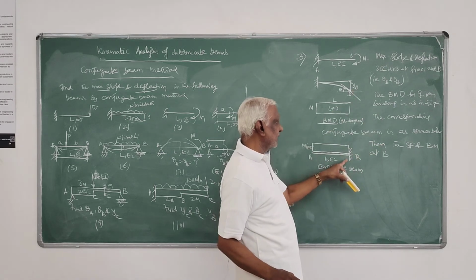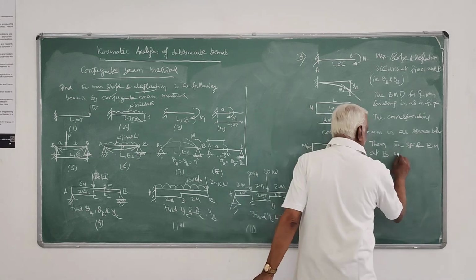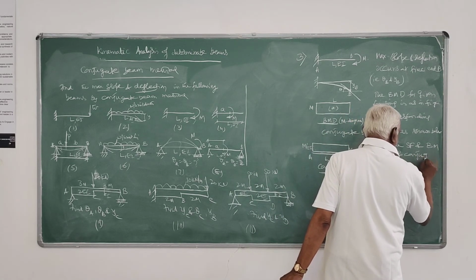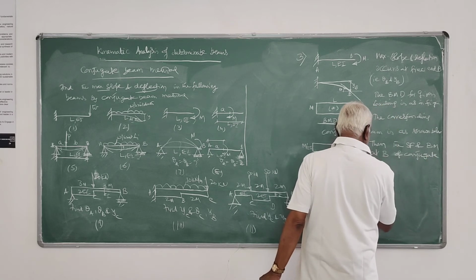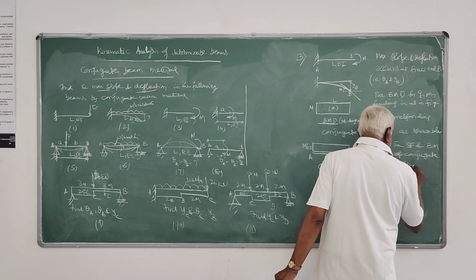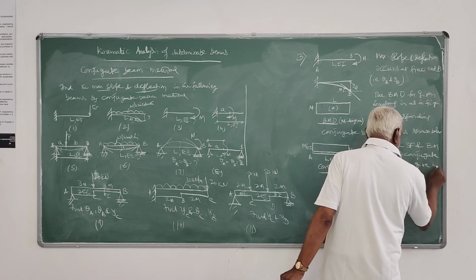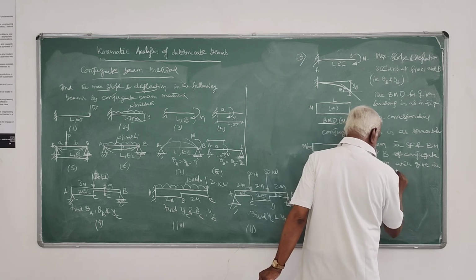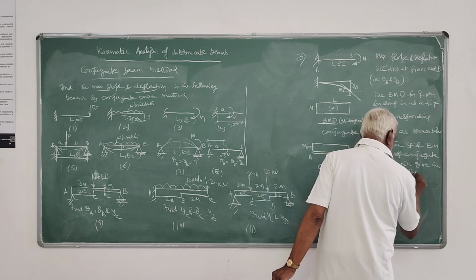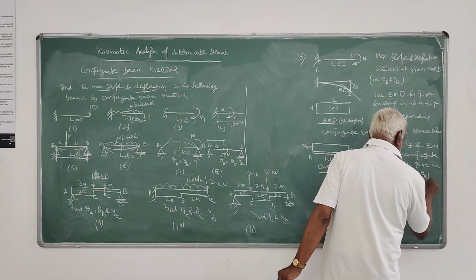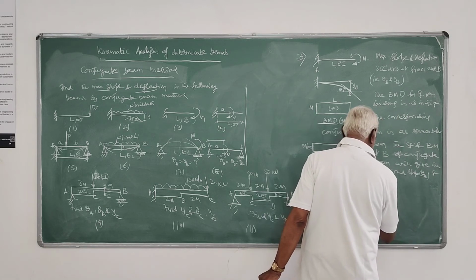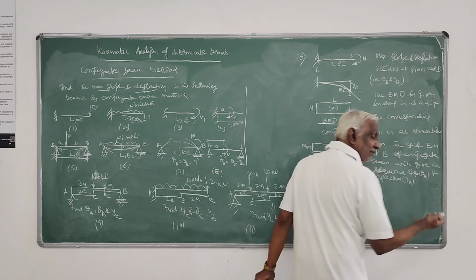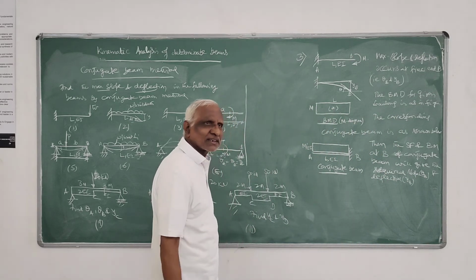So the shear force and bending moment at B of the conjugate beam will be the required slope theta B and deflection. Right. So now you determine slope and deflection.